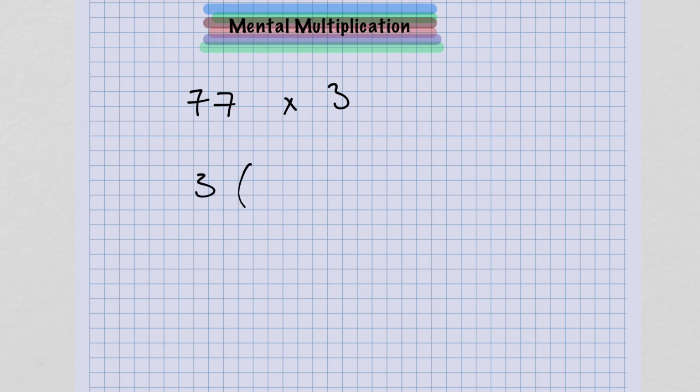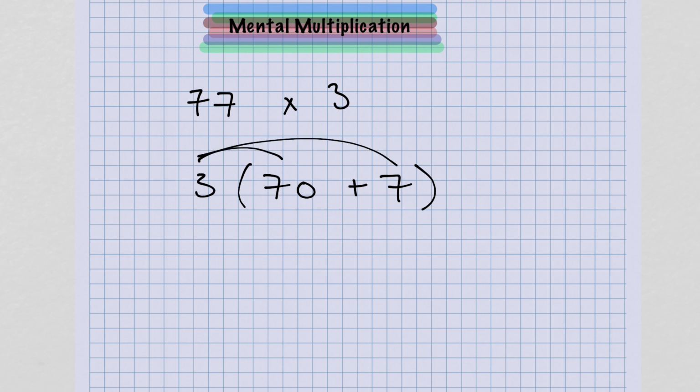So that's 3 times 70 plus 7. Once again, 77, I'm representing that, I'm number splitting, I'm splitting the number apart, 70 plus 7. This is how I do my mental arithmetic, by splitting the number apart. 3 times 70 plus 3 times 7.